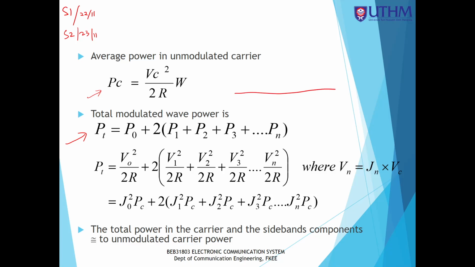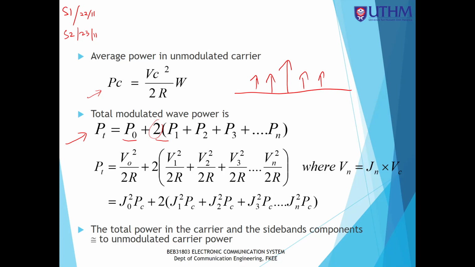So if you have a frequency spectrum like this, you need to sum up all the power components. That's why here is a carrier component plus the sideband's power. That's why times 2, because we have upper and lower. Kita darab 2 kerana ada 2 bahagian.